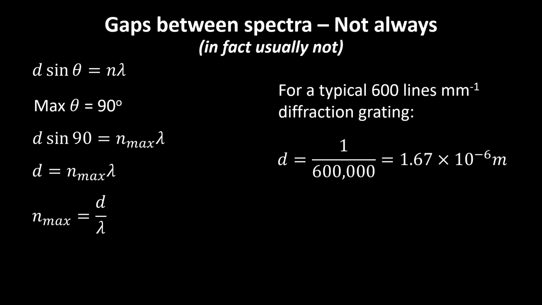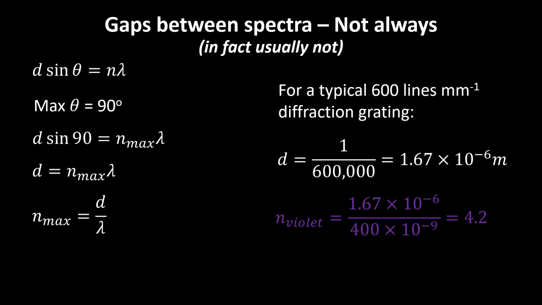Now, if we look at the maximum n we get for different parts of the spectrum, if we take violet, which is the shortest wavelength end, and we put d divided by lambda, so 1.67 times 10 to the minus 6 divided by the wavelength, which is approximately 400 nanometers, we get an n of 4.2.